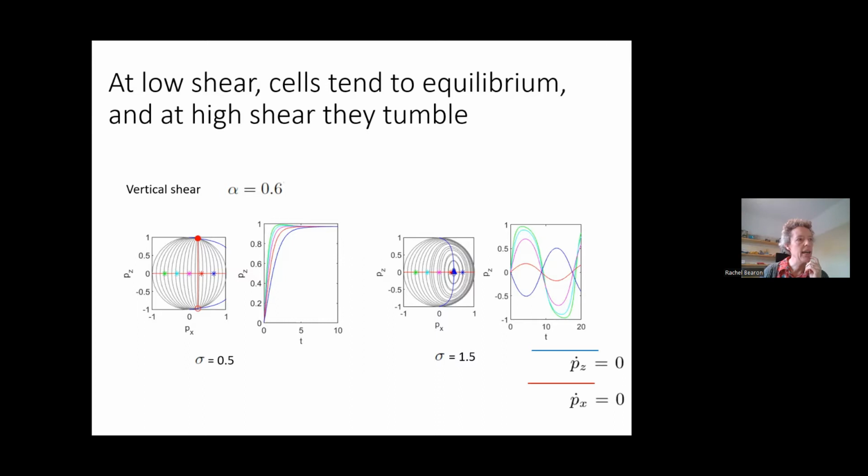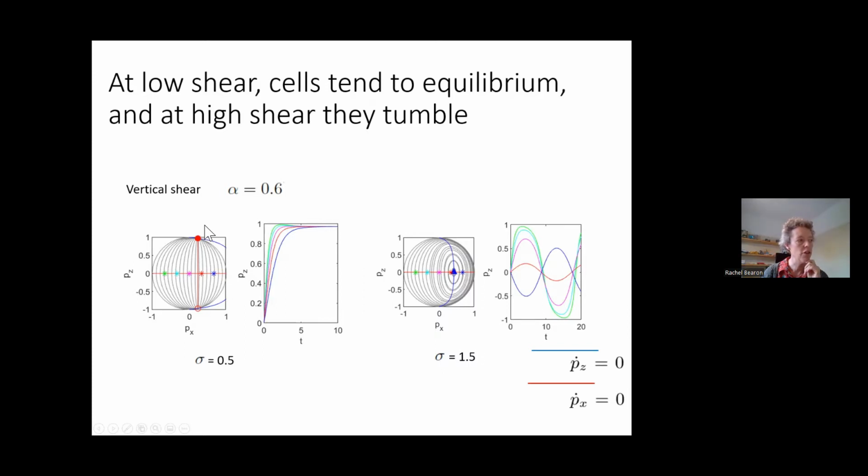So if we consider a phase diagram of the orientation space Px and Pz, and think of trajectories through that phase space, for the parameter sigma 0.5 and this value of alpha, we have a unique equilibrium point indicated by this big red dot, and all the trajectories will end up at that equilibrium.